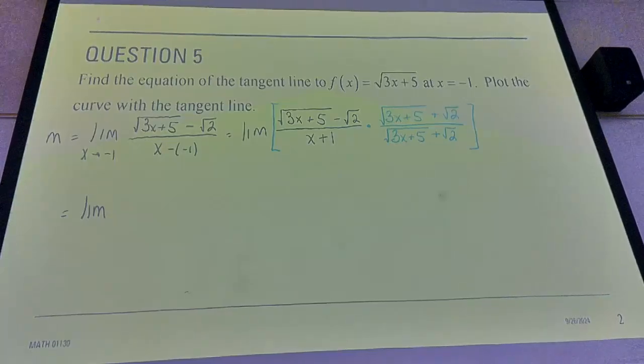Numerator. It's a difference of squares now. So it's just 3x plus 5 minus 2, right? The denominator, however, is going to be hideous.